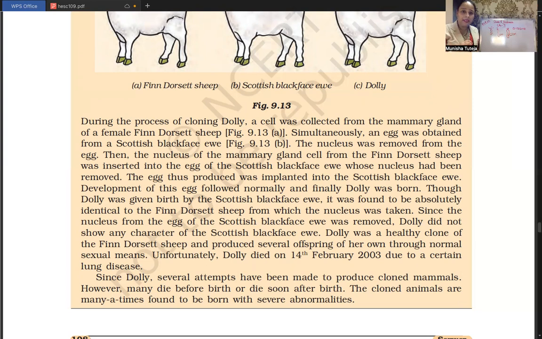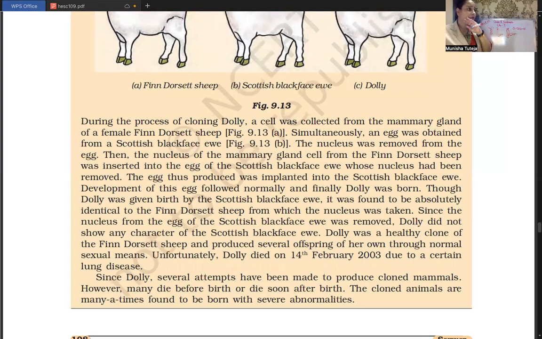Similarly, one egg was taken out from the Scottish Blackface. Now see, this is not a cell which we have taken out. We have taken out an egg. What does that mean? The reproductive cell. Remember the ovum? Yes. So that egg was taken from the Scottish Blackface, but its nucleus was removed.